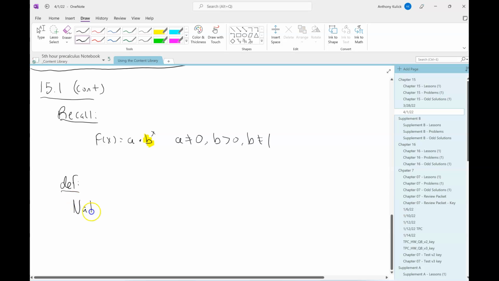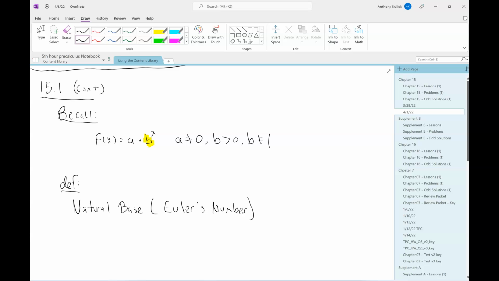We call it the natural base, or Euler's number, credited to the mathematician Leonhard Euler. He's on the Hall of Fame on the back wall somewhere on the far right.